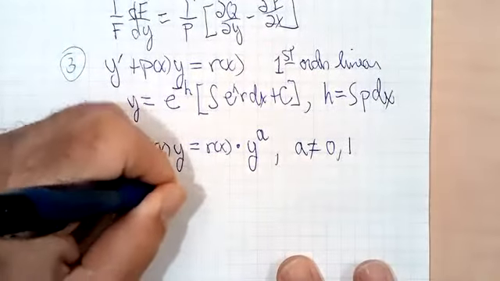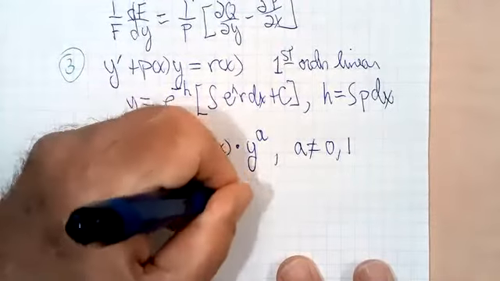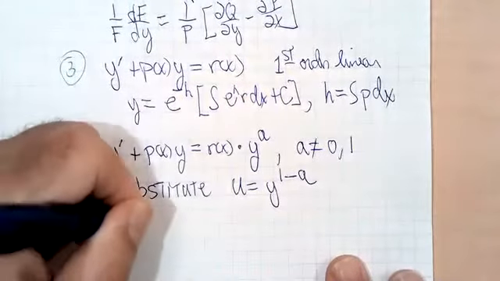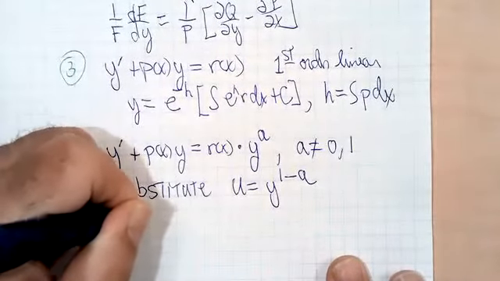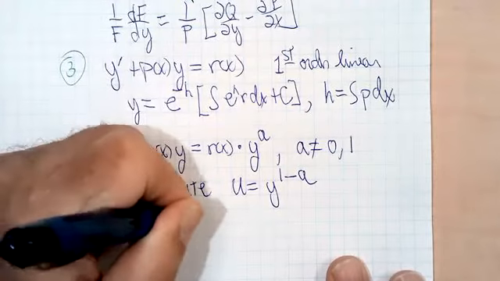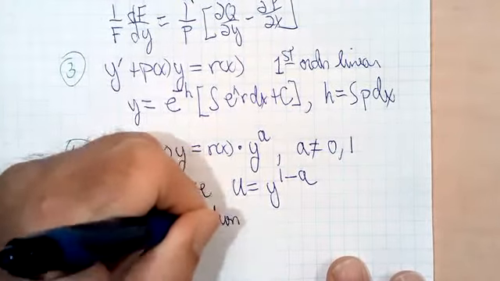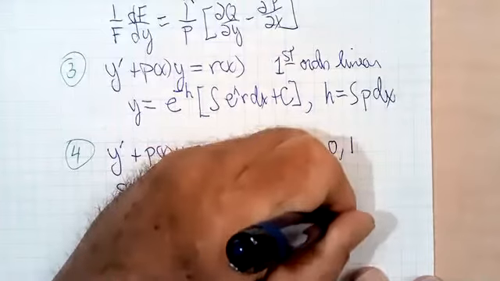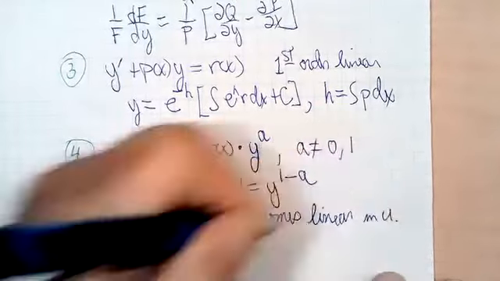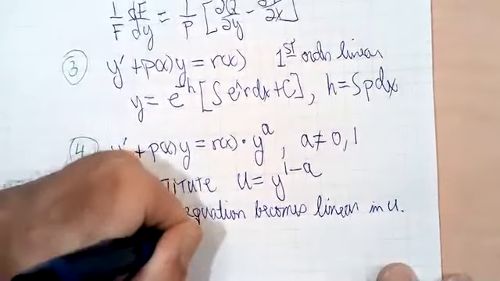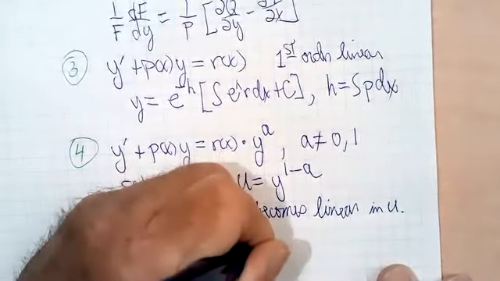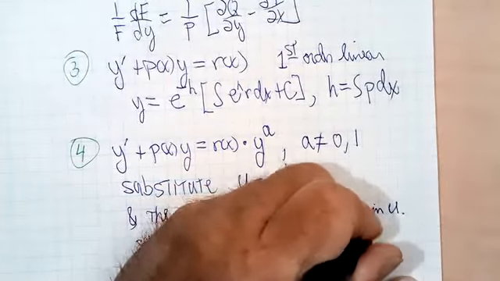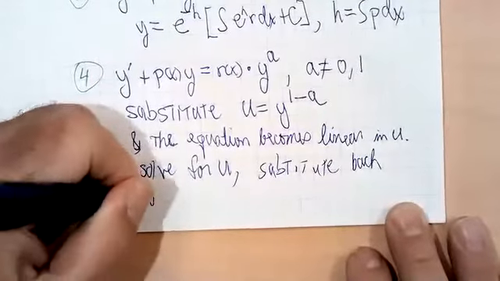And in this case, you substitute u equals y to the 1 minus a, and the equation becomes linear in u. Solve for u, substitute back to solve for y.